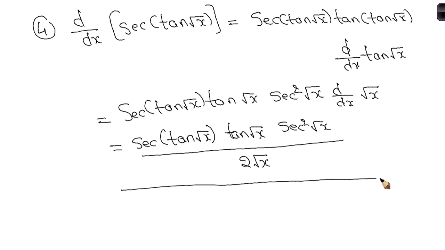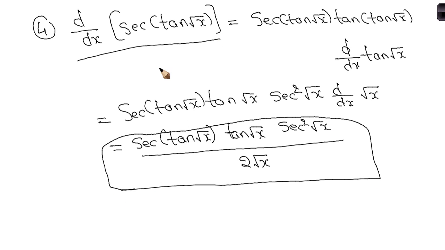So this would be the answer for derivative of secant of tan root x. Just go through this. If you go through my previous videos and you are clear with all the formulas and the concepts which I have stated, then solving this question is not a major task. It is very easy to solve these questions.